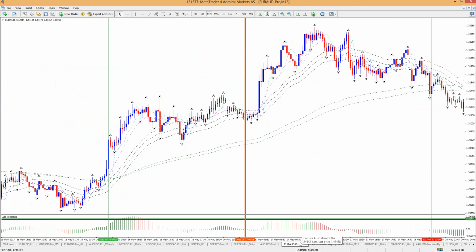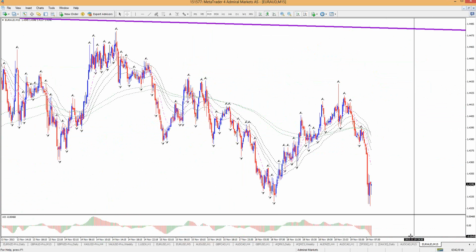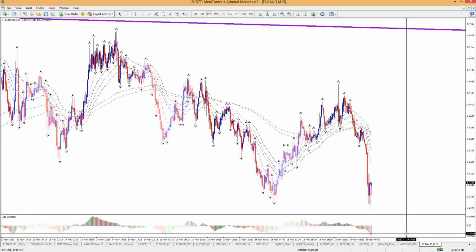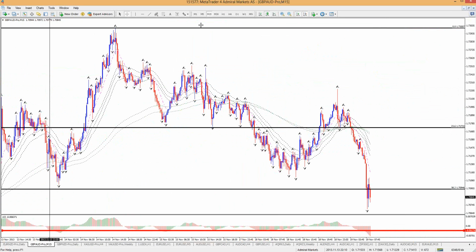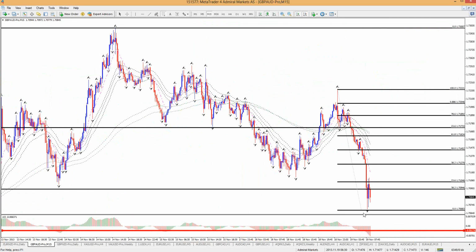Euro odd. Let me go to the Euro odd here. One second. Oh, pound odd, sorry. A 50 fib?